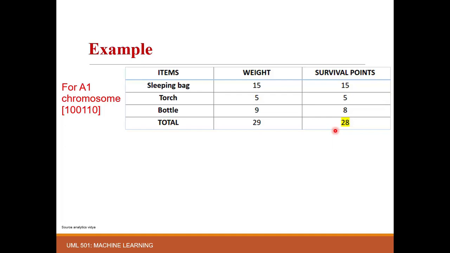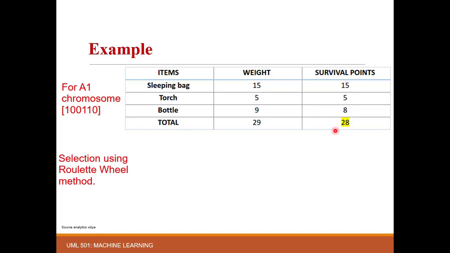Let's suppose some person is taking a weight of 29 kg and is still not intelligent enough to select the items carefully, getting survival points of only 20, while A1 gets 28 survival points at the same weight. So these items must be carefully selected.